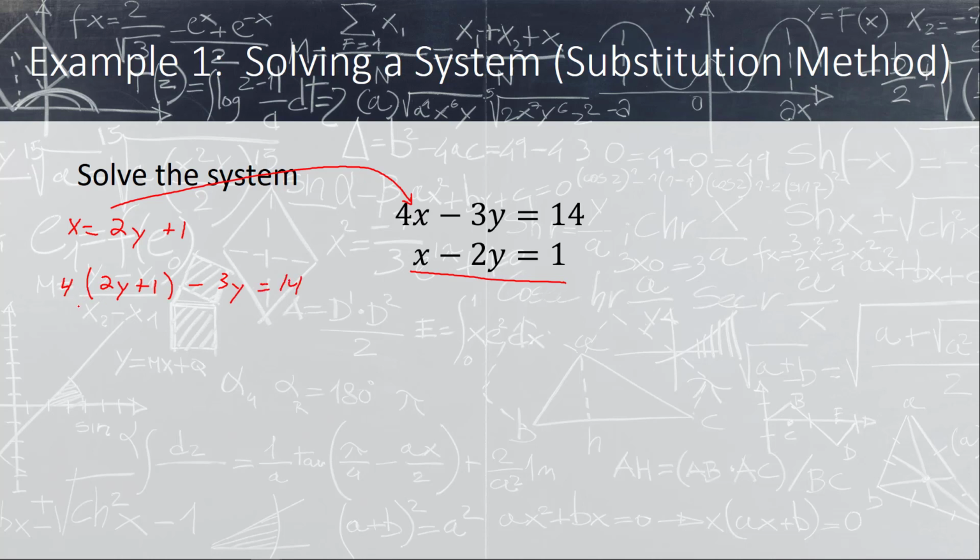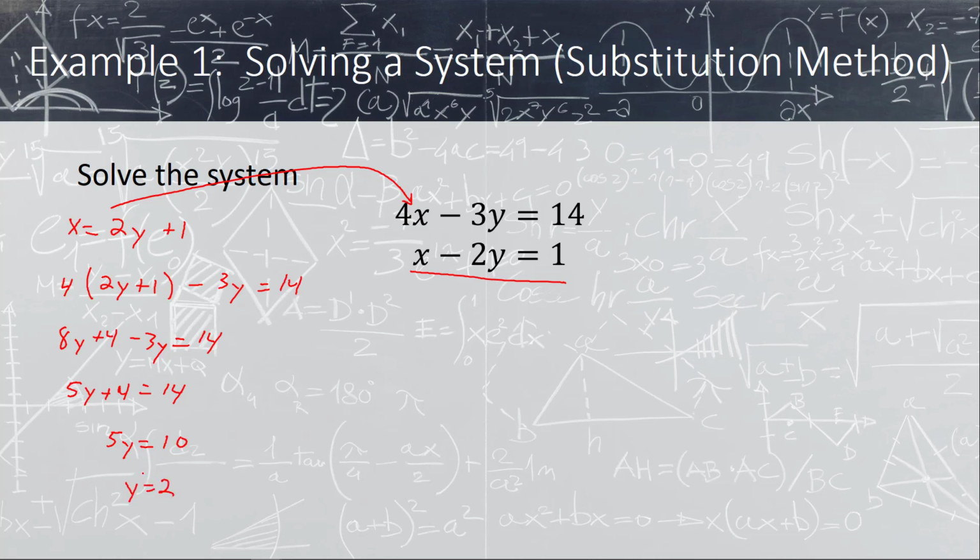Using the distributive property here, we will have 8y plus 4 minus 3y is equal to 14. We can simplify this some more: 5y plus 4 is equal to 14. Then we will have that 5y is equal to 10. We can divide both sides by 5, and we will have that y is equal to 2.